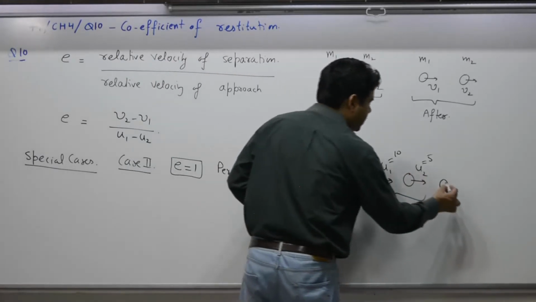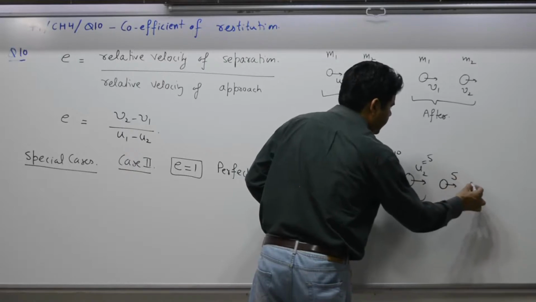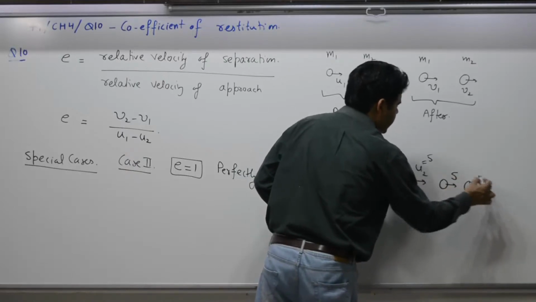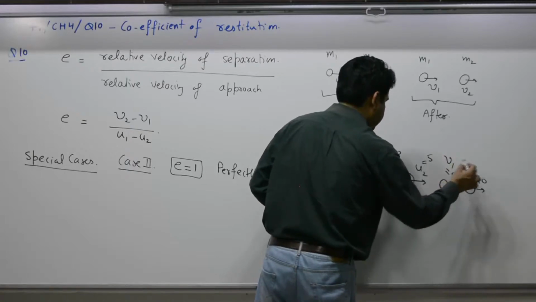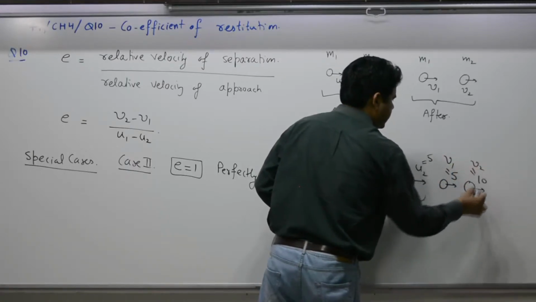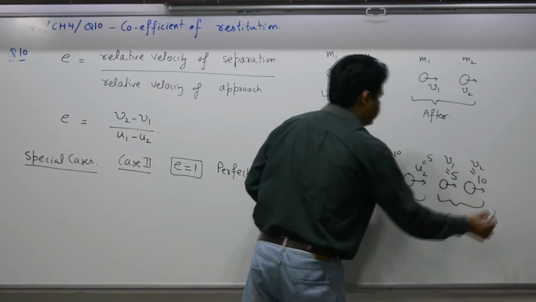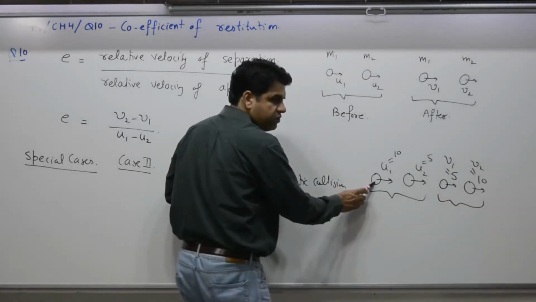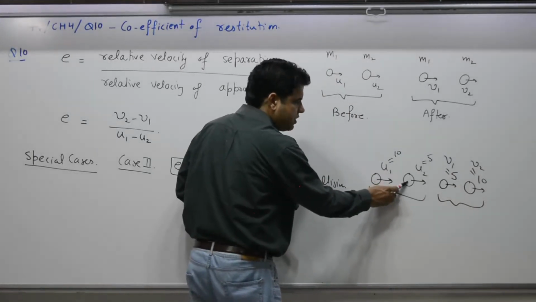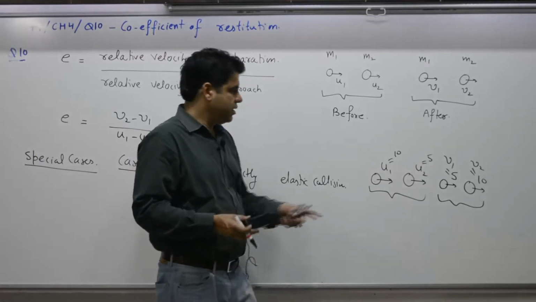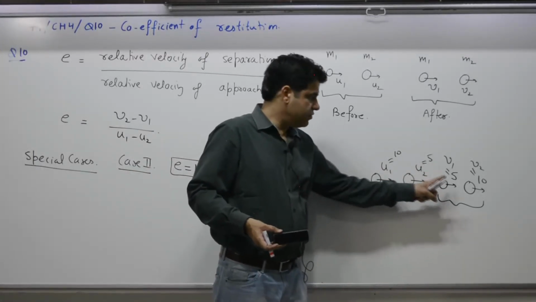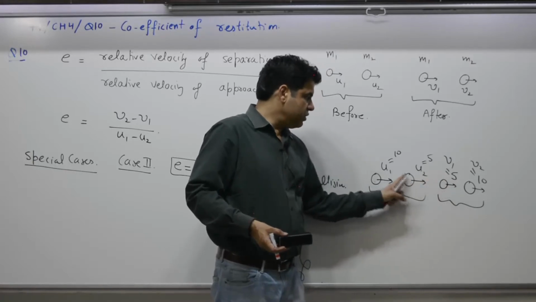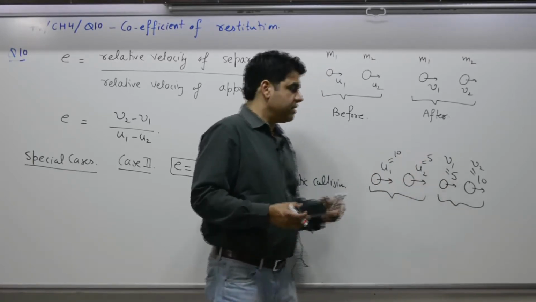So particle number 1 will move with what speed? 5. The other will move with what speed? 10. So v1 is 5 and v2 is 10. This is after. Particle number 1 was moving with 10 and 2 was moving with 5. After collision, particle 1 takes the velocity of the other, that is 5, and particle 2 takes the velocity of the first one, that is 10.